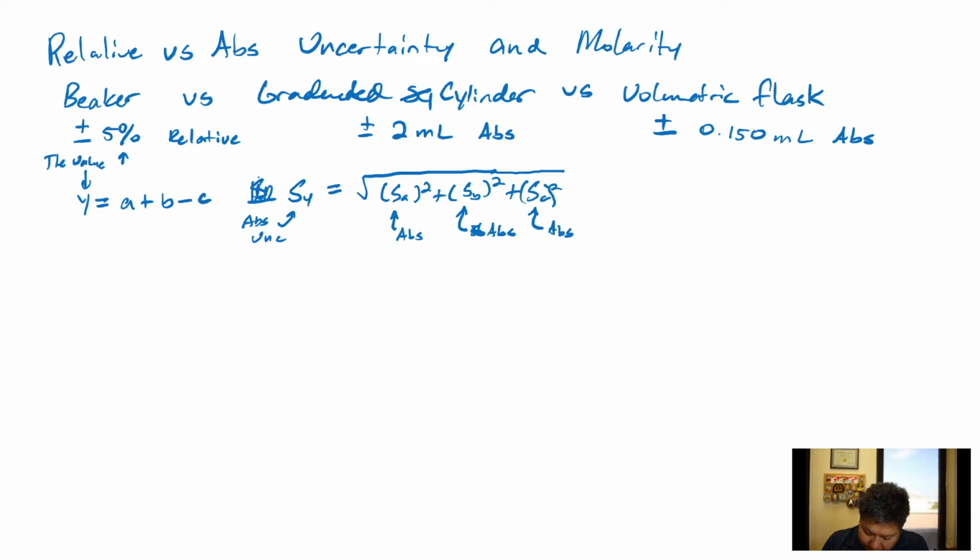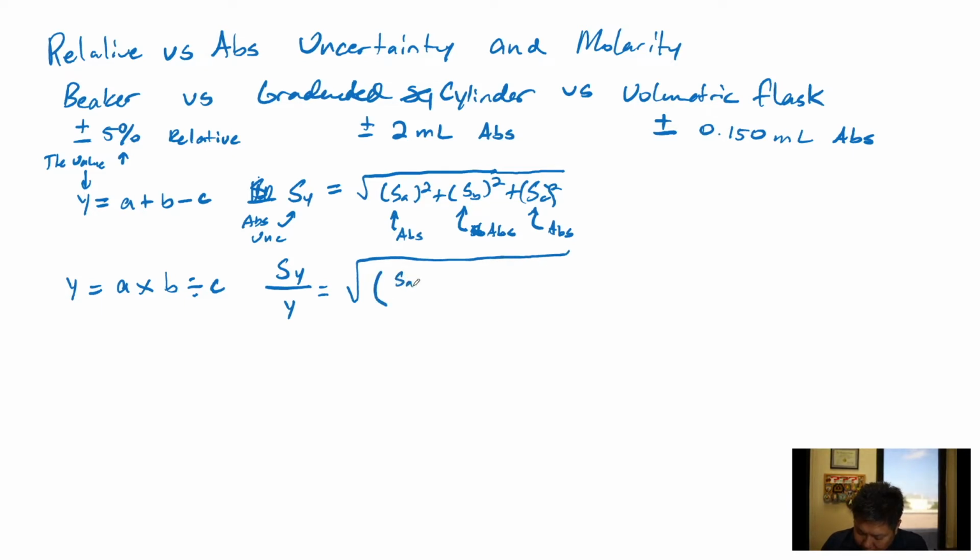And then if you wanted to find the uncertainty for a value in which you did a multiplication or a division, that would be sy over y equals the square root of (sa over a squared plus sb over b squared plus sc over c squared).